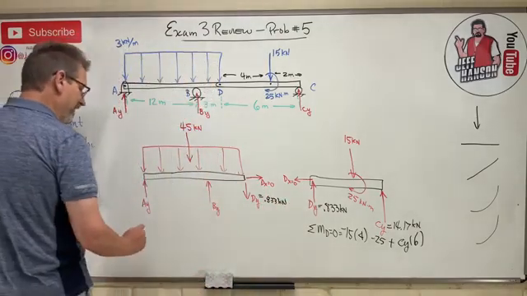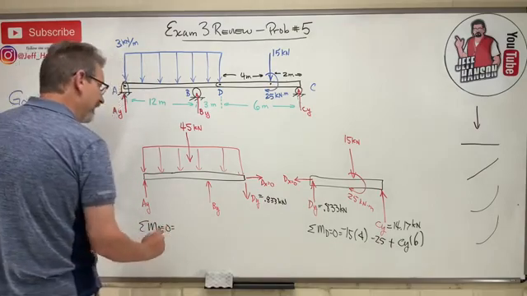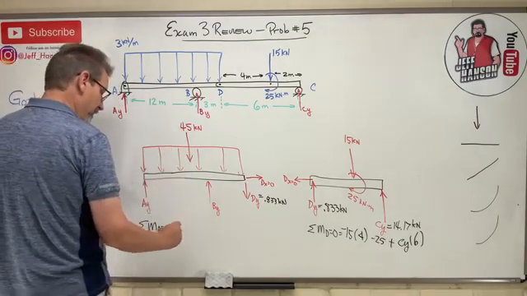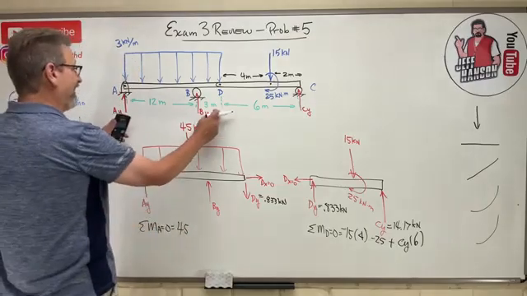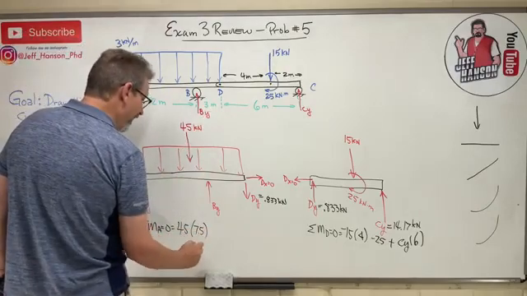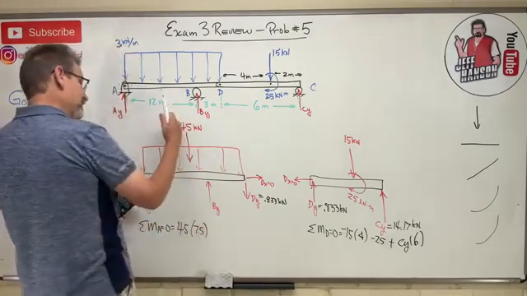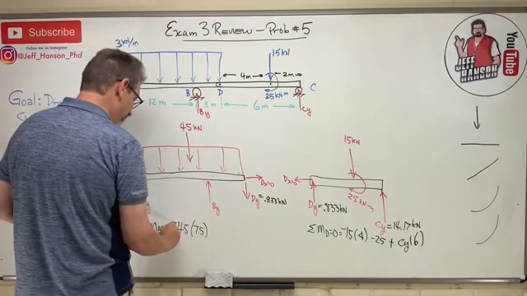Take the moment at A, and I get 45, which rotates me positive, so 45 times how far away? It's half of 15, 7.5, and then BY rotates me, oh, this one's negative. I get my directions backwards, that's negative.